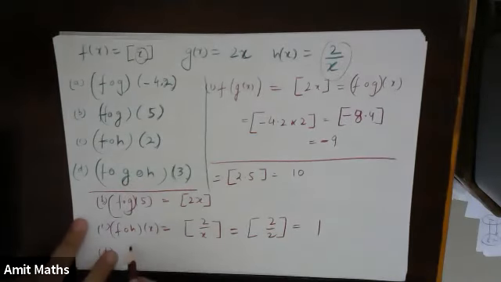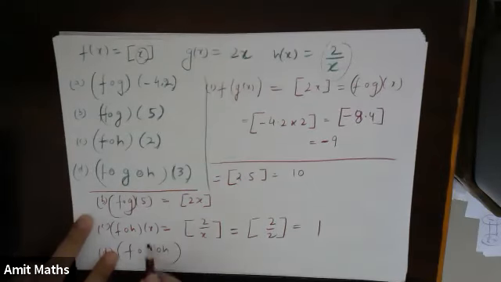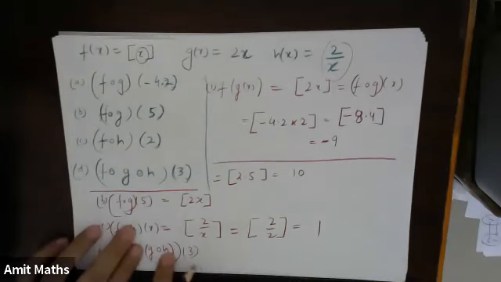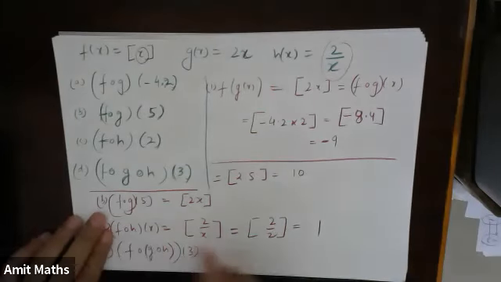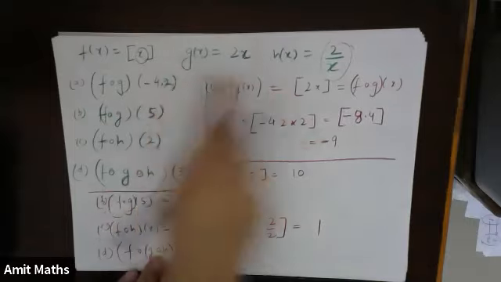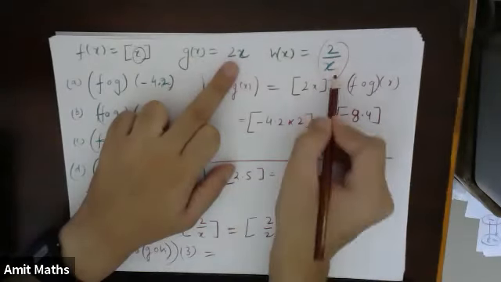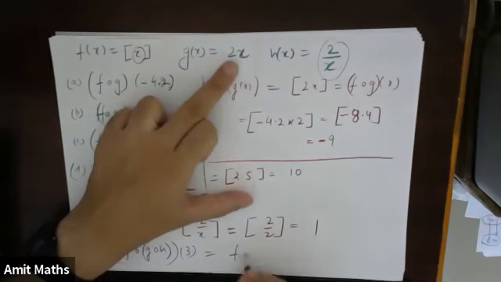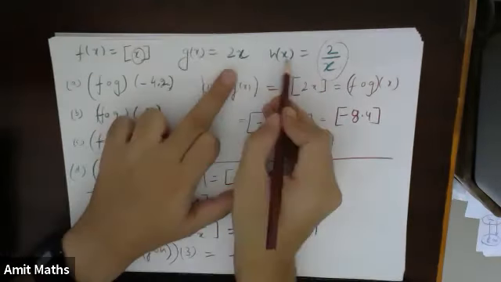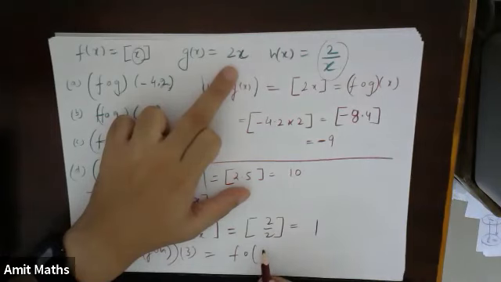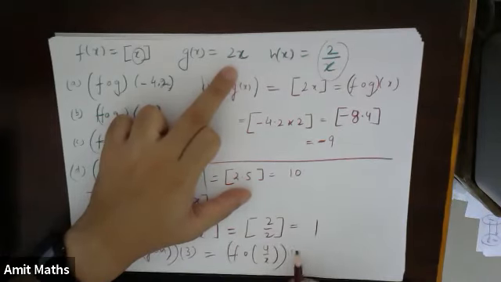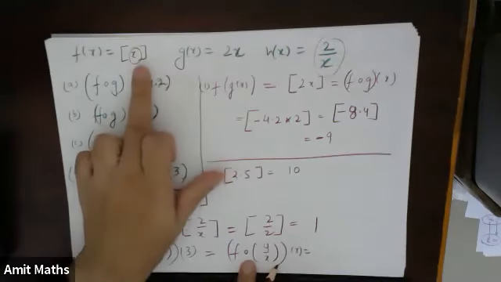And the part D is f o g o h. So first I'll find g of h and then substitute that in f. So g of h is what? Instead of x, I will substitute 2 by x. g of x is 2x, so it becomes 4 by x. Then instead of x, I'll substitute 4 by x.